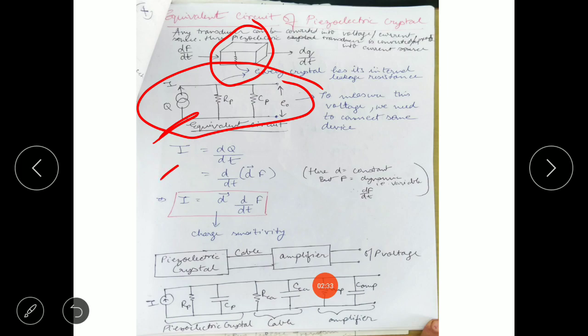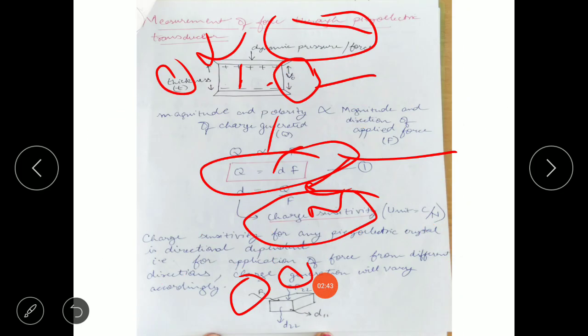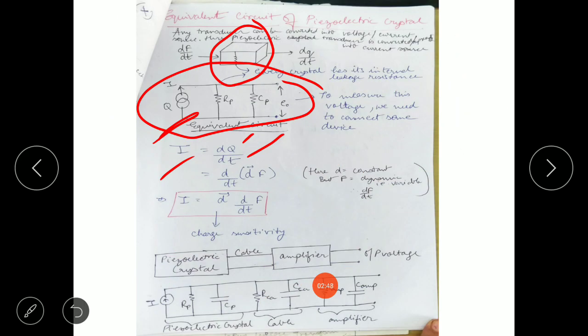Now we know current I is equal to dq by dt, where the charge Q in piezoelectric crystal is equal to dF, as I've already explained in my previous lecture, that Q is equal to dF. So we write Q is equal to dF in this equation, d by dt of dF.